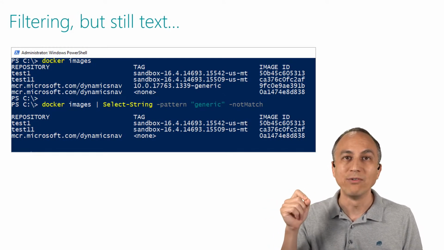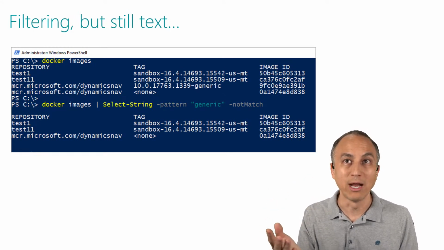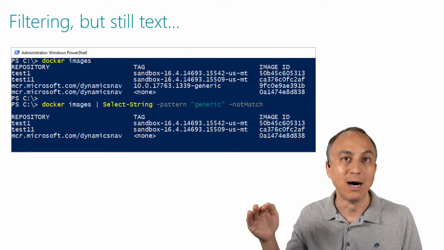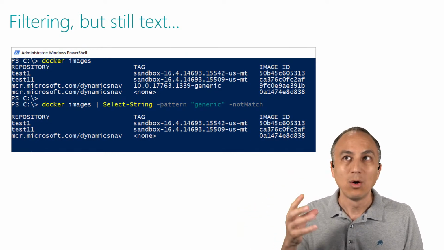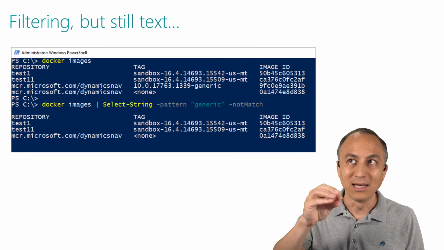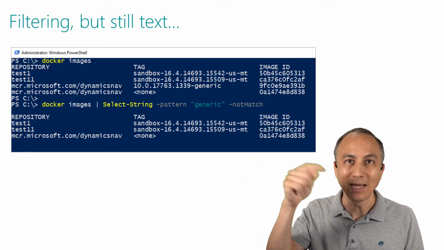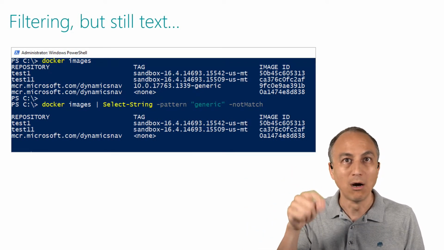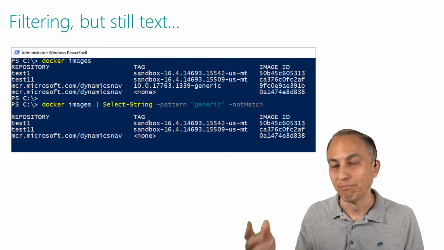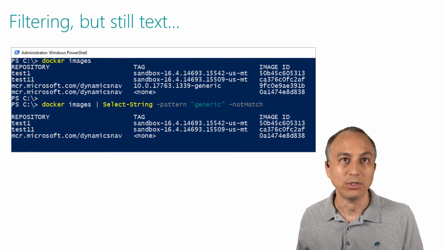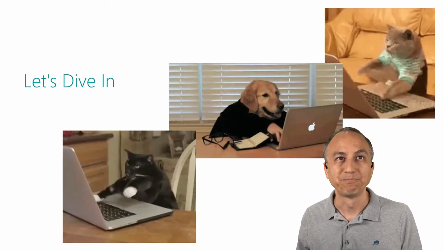So that will give you everything that does not contain generic in the entire line. But then I didn't know how to say, okay, well, now that I've got that, give me just the image IDs that I can send that over to Docker RMI to remove those images. So this is my journey to learn a better way to do that.